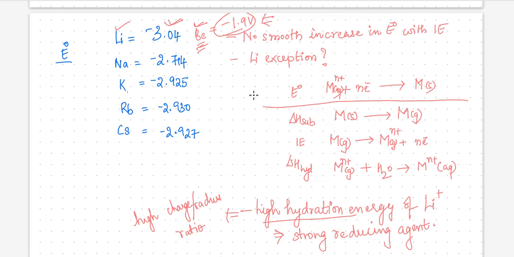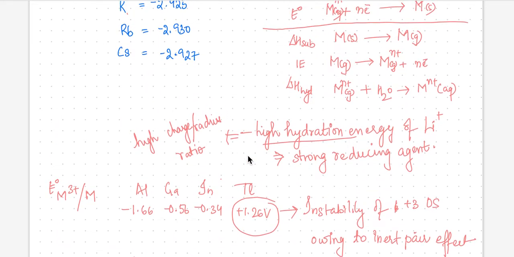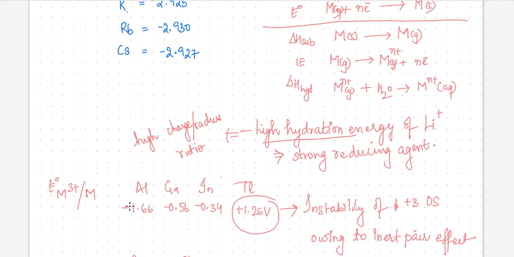Okay. Now let us look into the p block elements. This is group 13. If you talk about the reduction of M3+ to M in these elements, aluminium, gallium, indium, thallium, what you see is the +3 oxidation state becomes less and less stable as you go down the group.